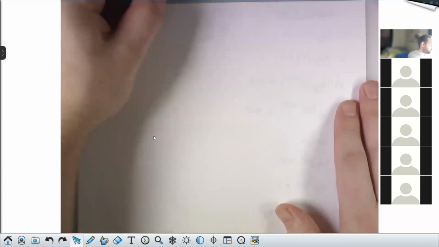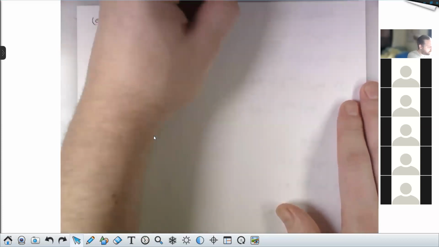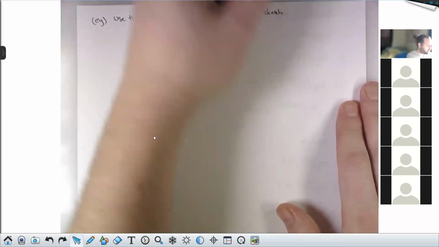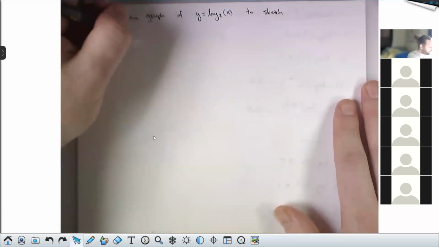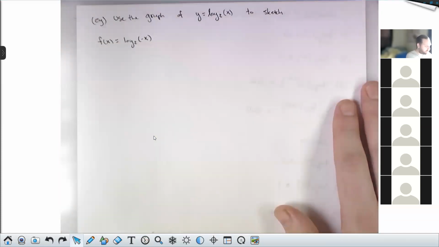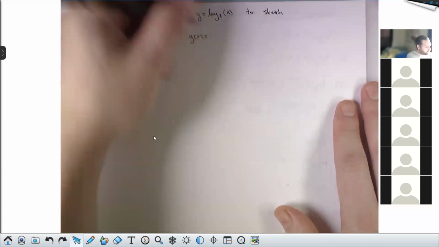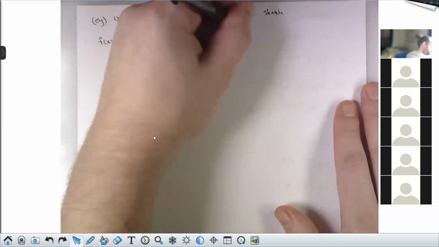Say, use the graph of y equals log sub 2 of x to sketch f of x equals log sub 2 of negative x and g of x equals log sub 2 of x plus 1.